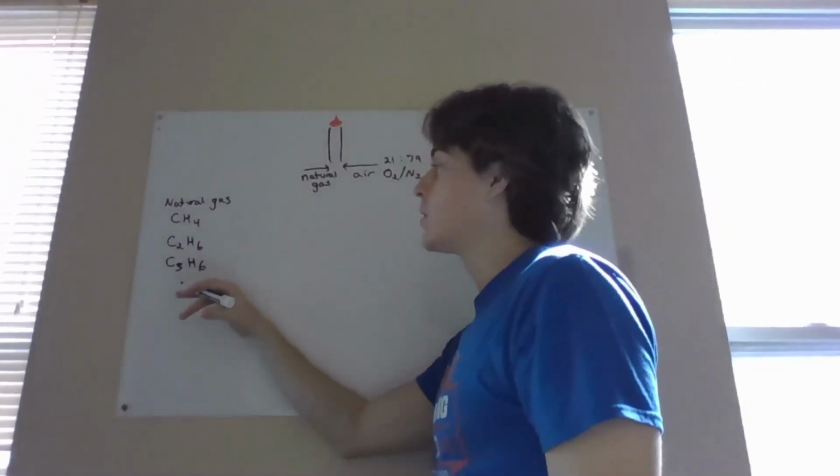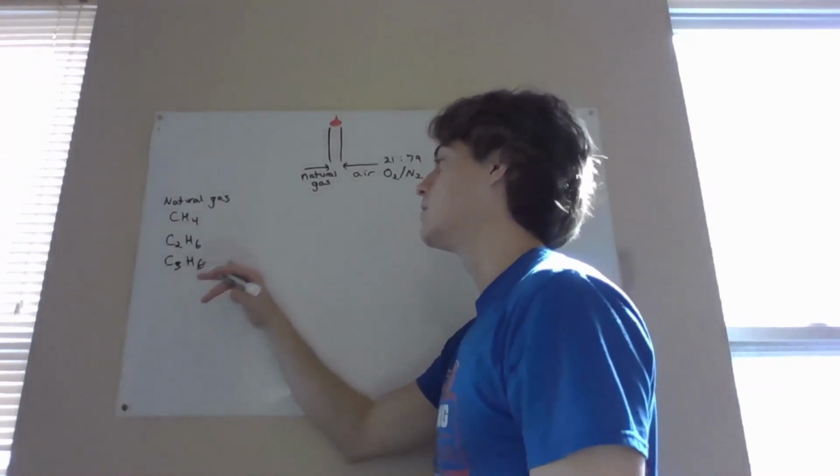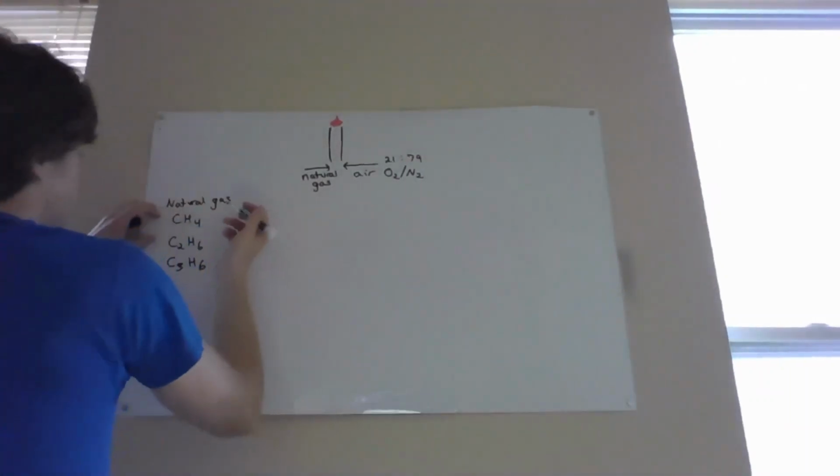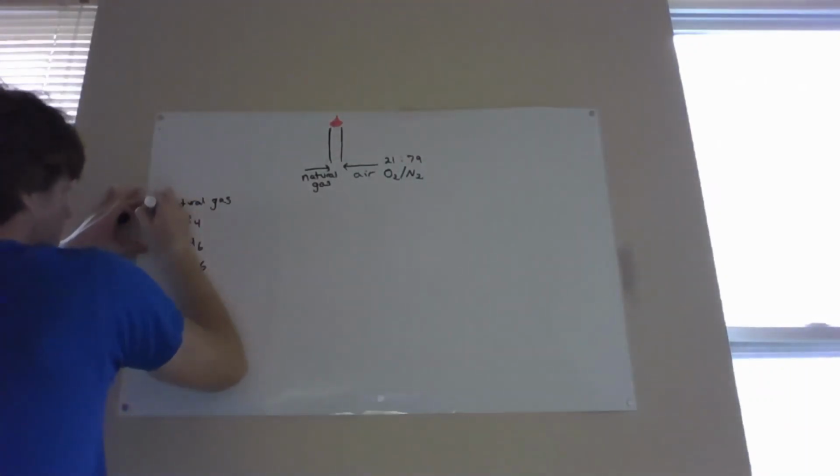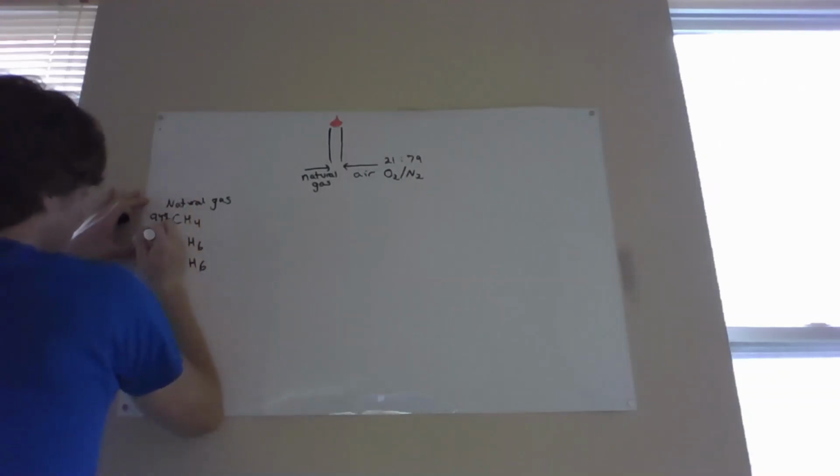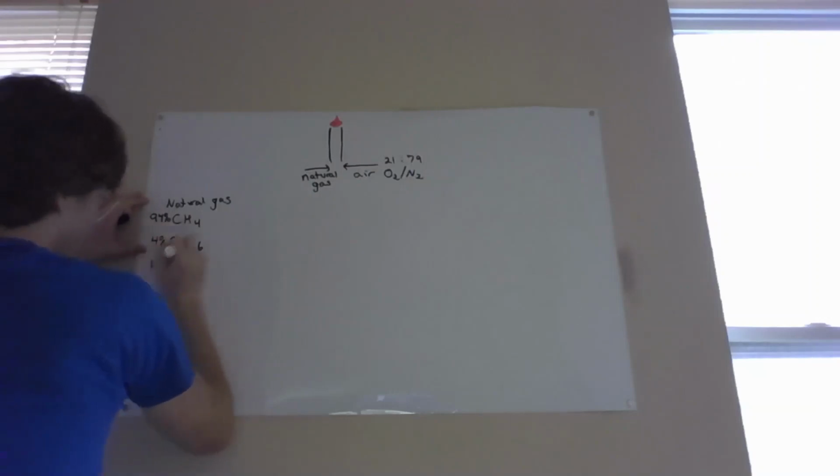We're given in the problem the percents of each of these hydrocarbons. Methane is 94% of the fuel, ethane is 4%, and propane is 1%.